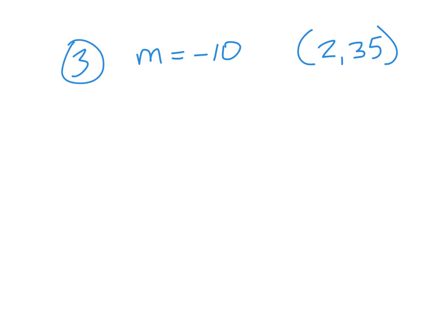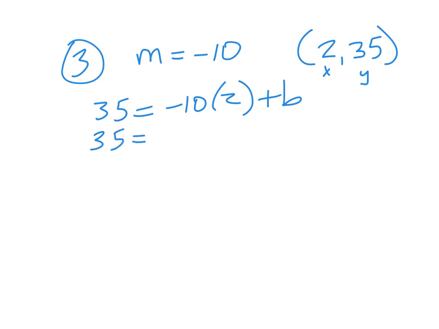So the first thing we need to do is solve to get our equation, right? So this is x, this is y, so I can say 35 equals negative 10 times 2 plus b. Negative 10 times 2 is negative 20. To get the b by itself, I have to move the 20.